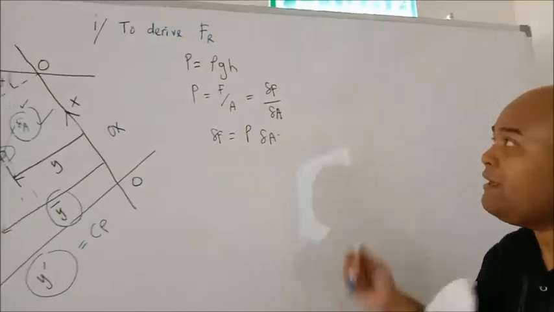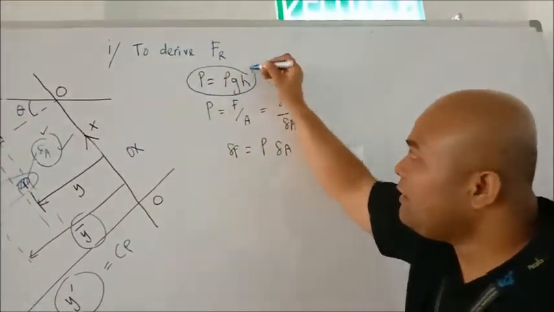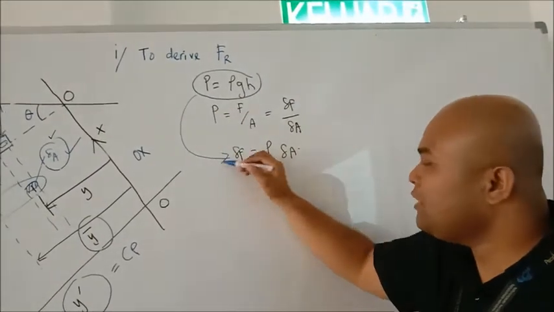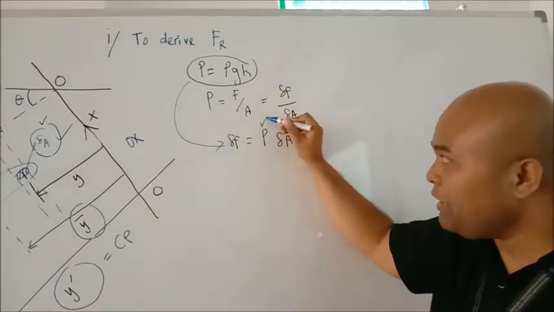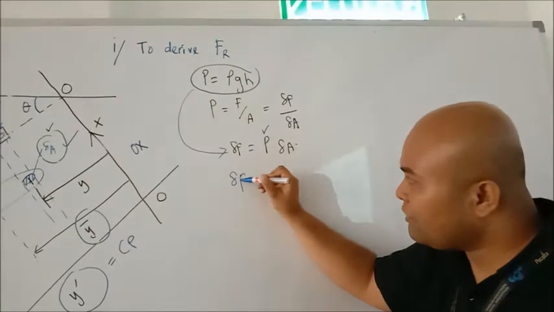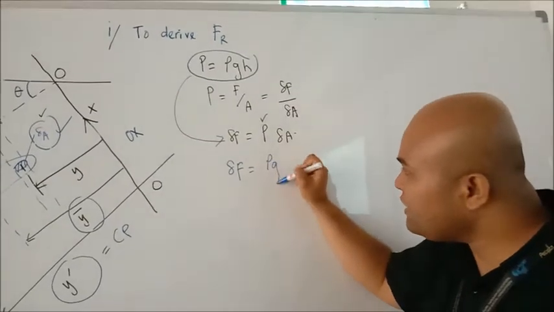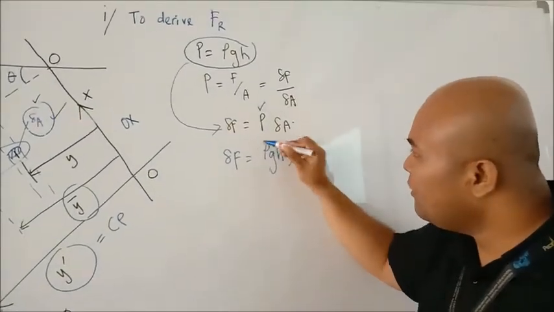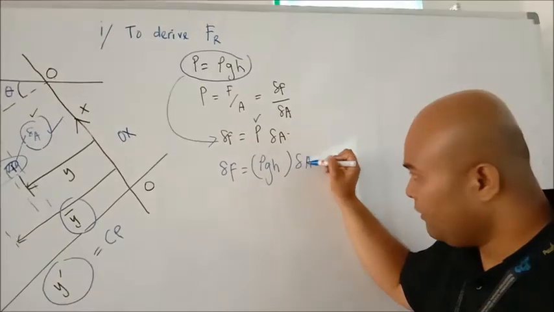As we understand that P yang ini adalah sama dengan rho GH, so kita gantikan the P here, kepada delta F sama dengan rho GH delta A. Alright.